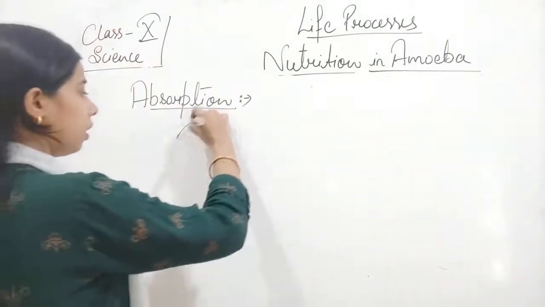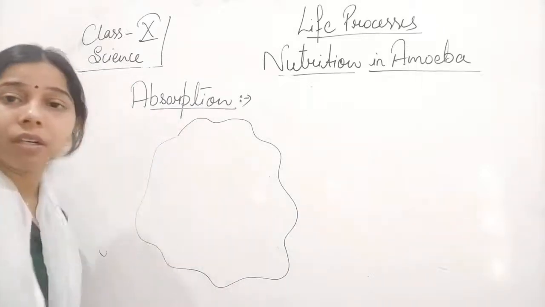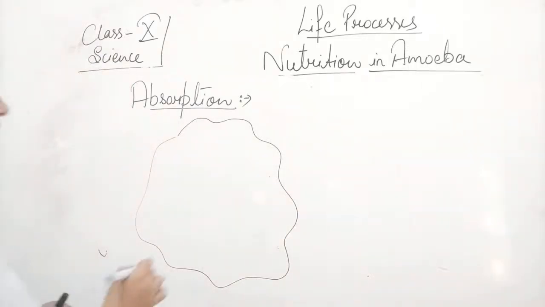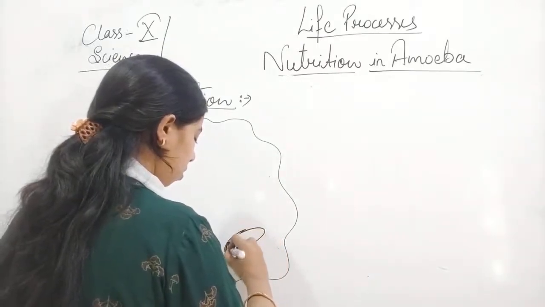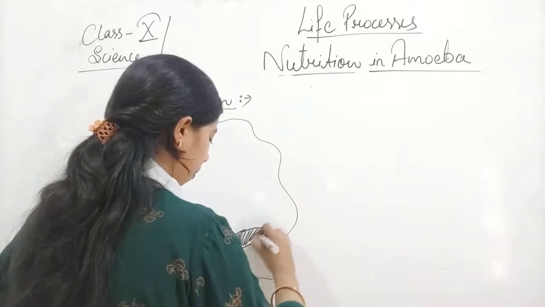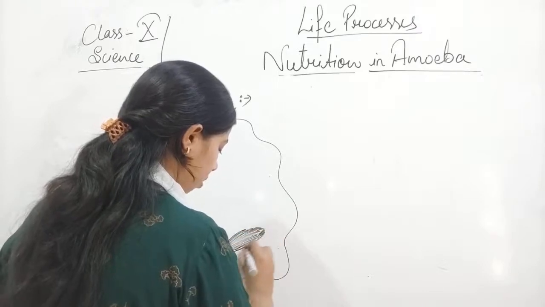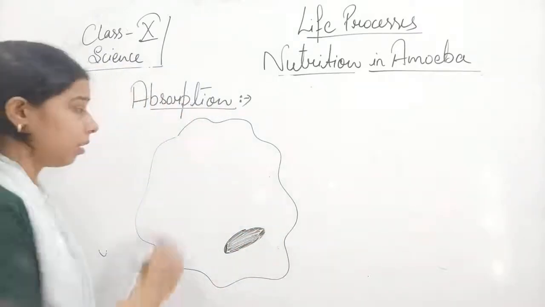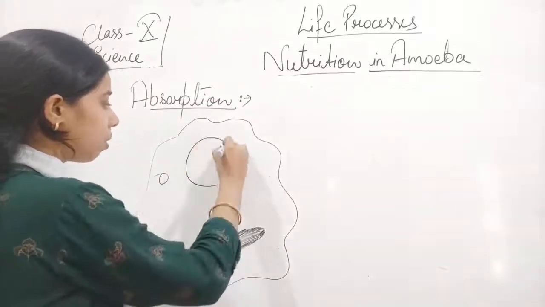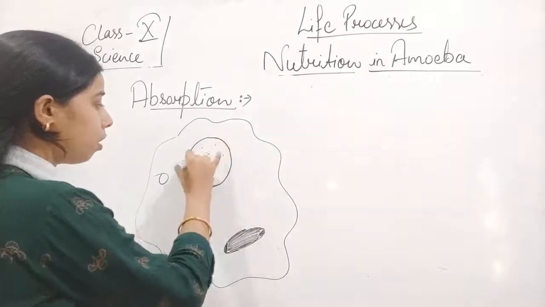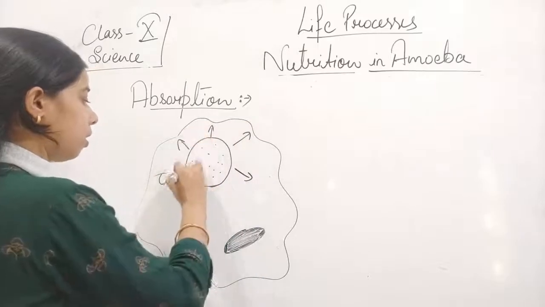So here, this is the amoeba, and in the amoeba there is a nucleus. Then a vacuole is there, consisting of a soluble form of food, and this will come outside.